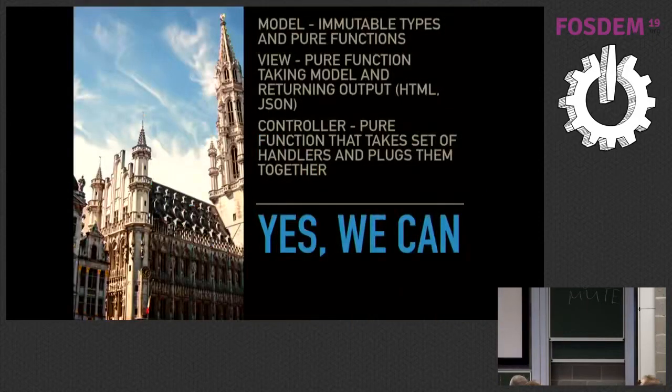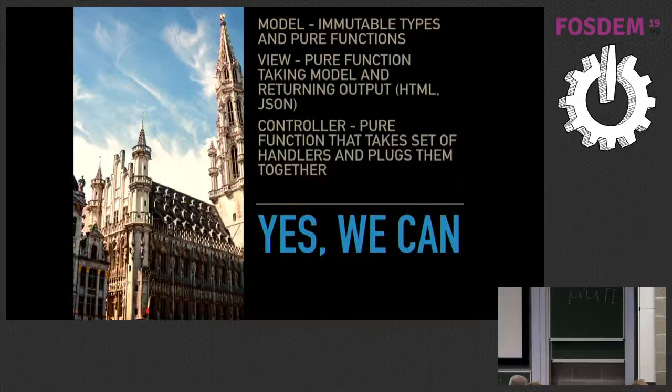So imagine this ideal world where we follow some kind of functional programming principles with a bit of pragmatism, because I'm an F# developer, so I make pragmatic choices. Model is an immutable model with F# records, F# discriminated unions, and some set of pure functions that operate on this model, or maybe not so pure because they can do logging and stuff. View is a function that takes the model and returns some output, HTML, JSON, whatever.